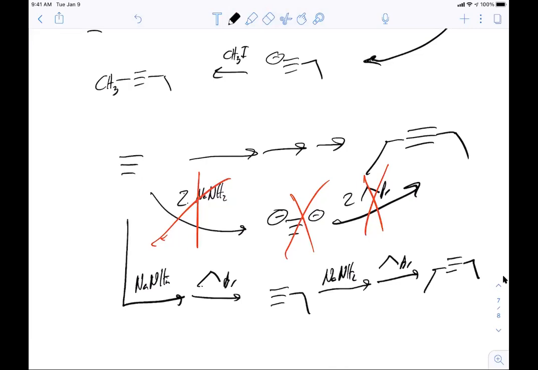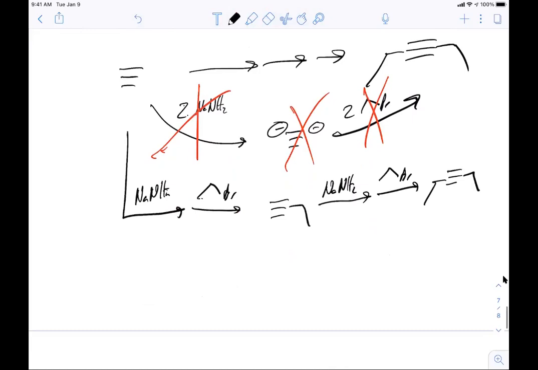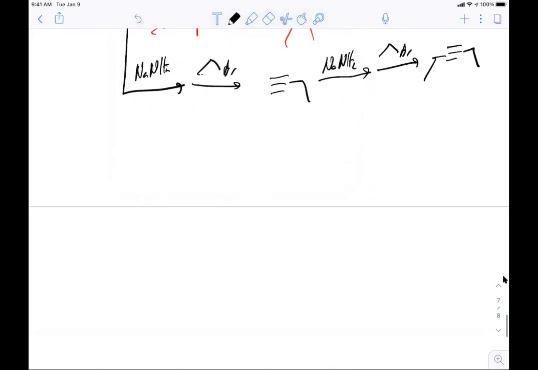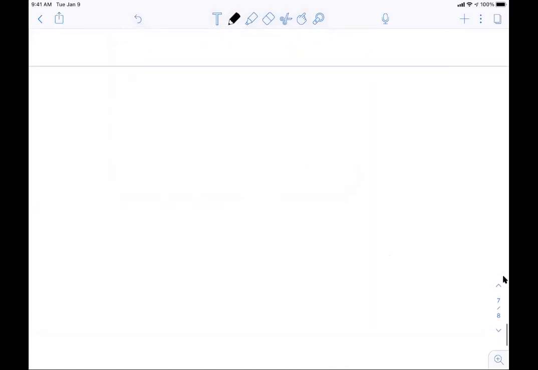All right, so this has us through alkynes. So let's do some problems and then we'll start a little bit of radical reactions today just to get us a little bit back on track for next Tuesday. So the first set, I'll give you the reactants and products, you give me the reagents.